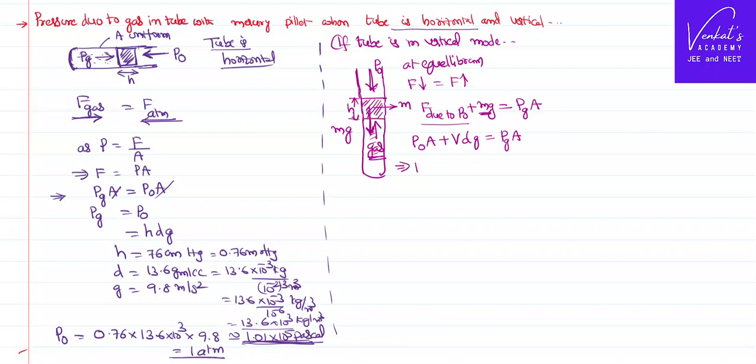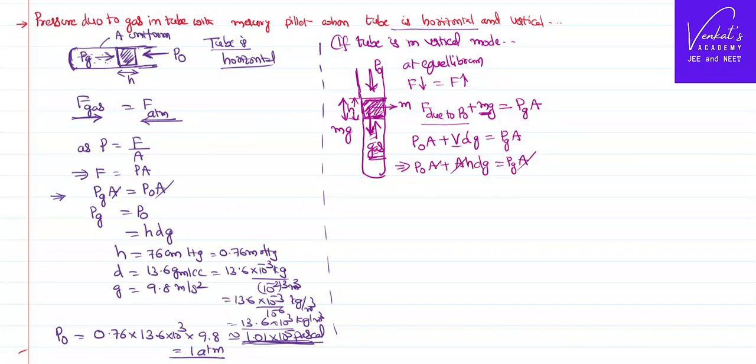This can be further simplified as P atmosphere into A plus the volume of this mercury pellet, which can be written as area into length of that mercury pellet. Length of that mercury pellet, as I told, was h, and dg, equal to pressure due to the gas and areas.